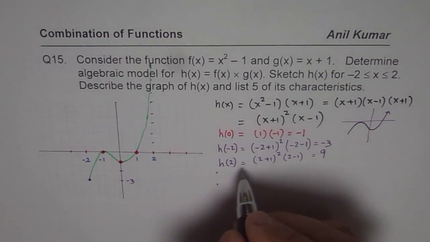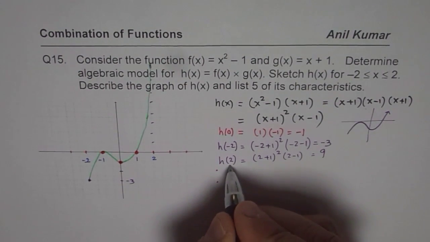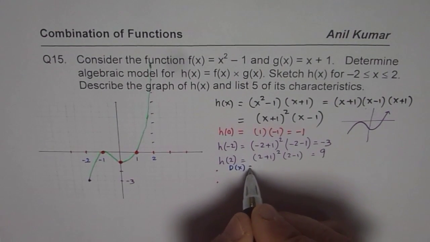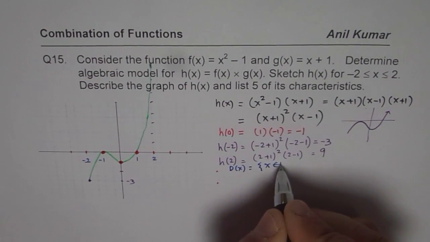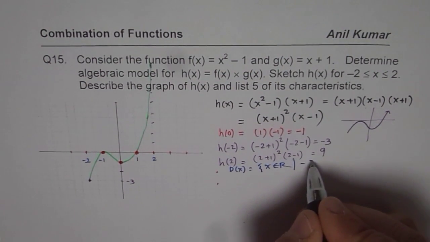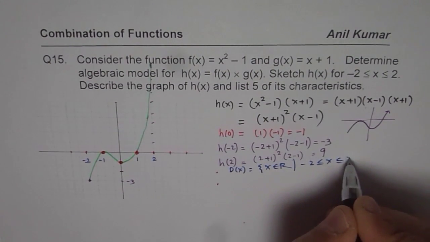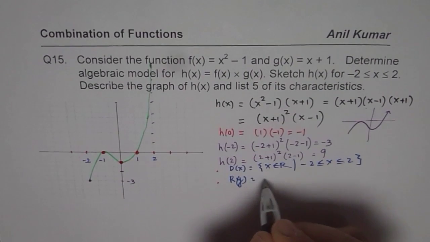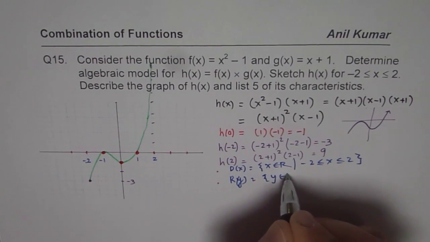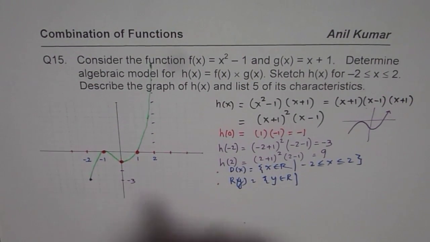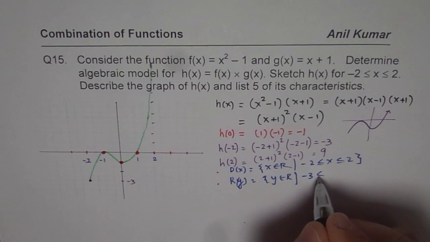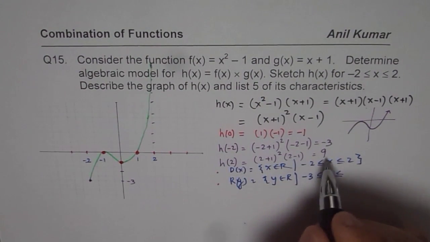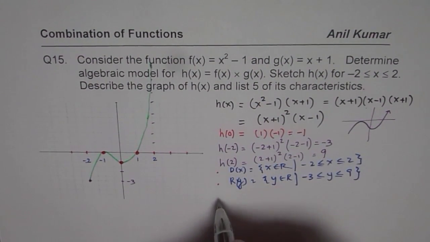We can say domain is x belongs to real numbers, such that x is between minus 2 and plus 2, and then range we can give as y belongs to real numbers, and the lowest value is minus 3 for us, and the highest value is 9 for us in this particular domain.